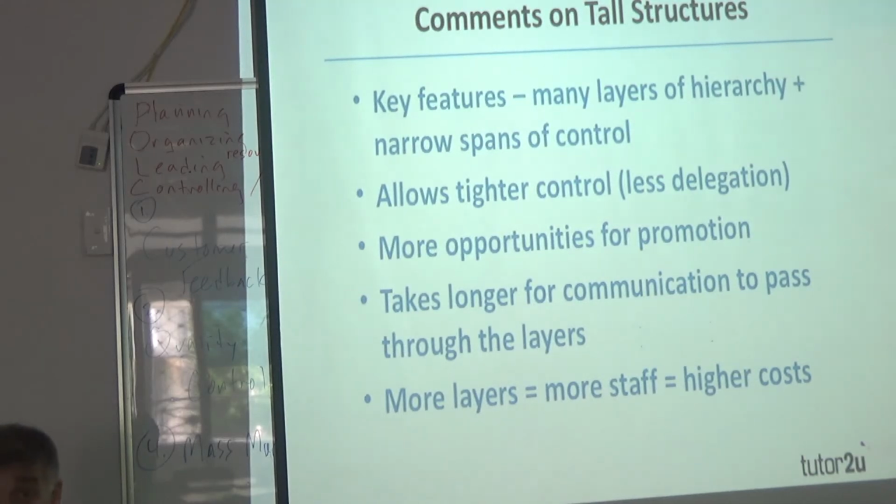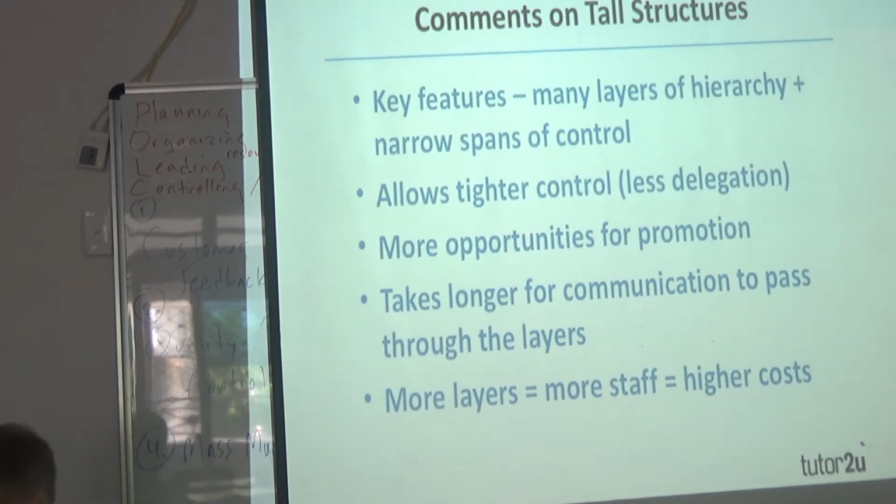When you have more layers, you also have more competition between employees to get promotions and to move up the hierarchy. So there's more opportunities for promotion. Communication is slower. That's a very general statement, but it's true, pretty much. Communication is slower to go from the top to the bottom of the hierarchy because there's more layers.